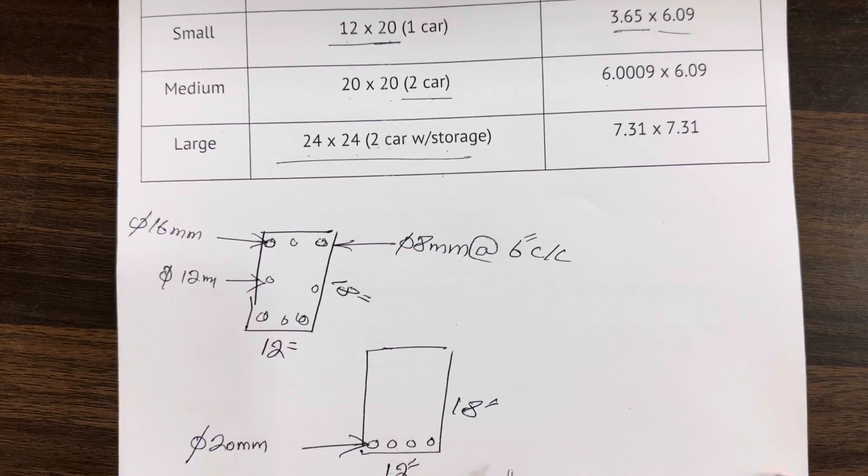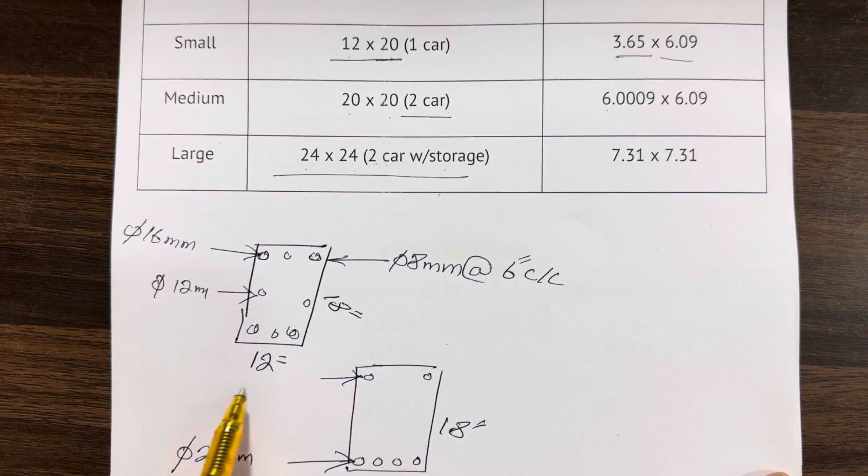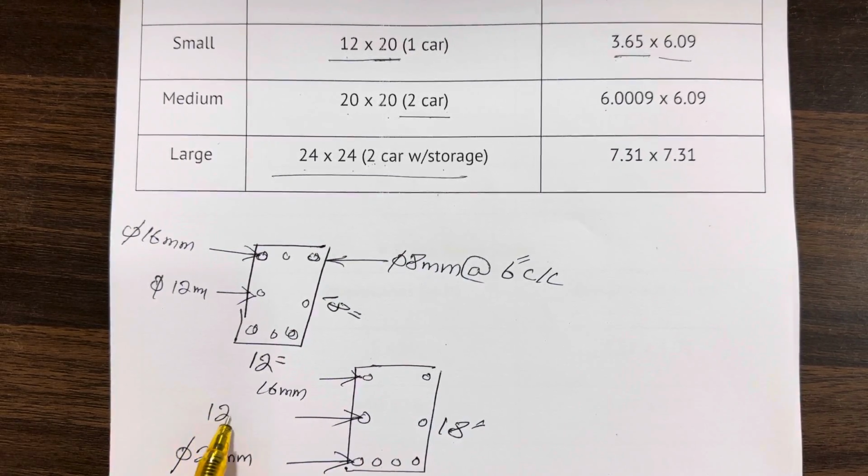Next, remember one thing more. In upper portion you can use 2 steel rods, the dia should not be less than 16 millimeter. This is for beam. Also you can use the side bars, and the dia should be 12 millimeter.